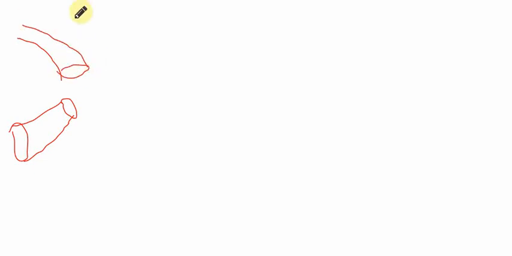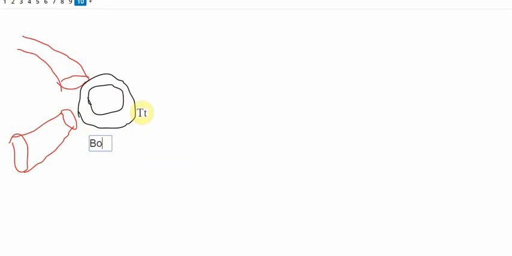So we know one of the biggest functions is that it's going to filter the blood, and the site of where this happens is referred to as the glomerulus, and sometimes it's located within the Bowman's capsule. And just know it is the site of filtration.